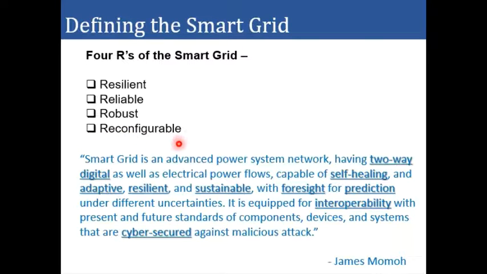Then the fourth point is reconfigurable. Reconfigurable means that if there is a problem and the set of power lines are out because of any fault, the system should reconfigure itself to restore the power to the connected loads through alternate route.